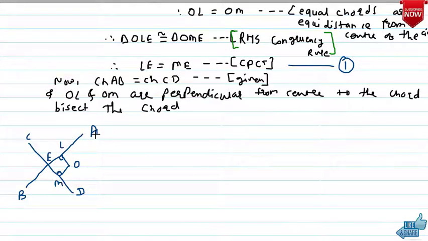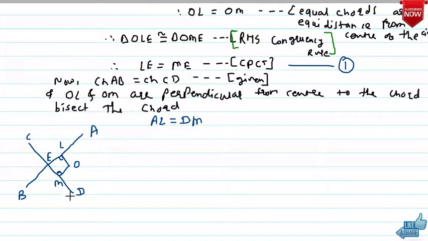Now see carefully, AB and CD are equal and these are perpendicular, so the perpendicular bisects the chord, it means AL is equal to MD, or we can say DM.